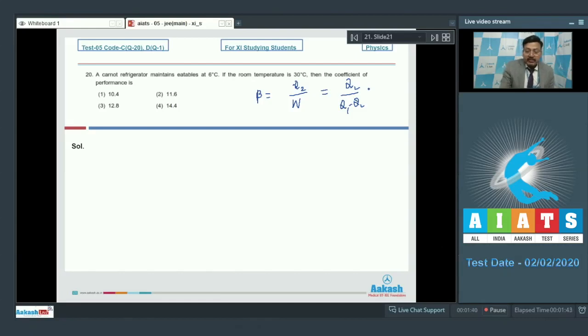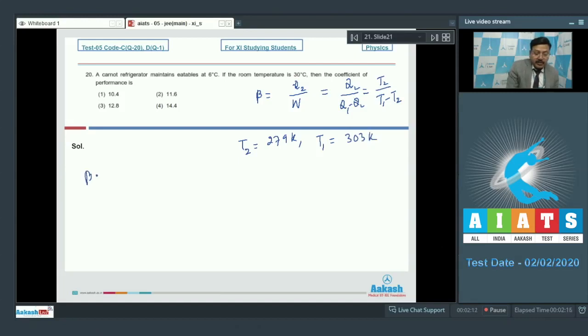Now it turns out that this can be given as T2 by T1 minus T2, and in this particular case T2 is the temperature of the cold reservoir in Kelvin, and so the value of T2 is 273 plus 6, that means 279 Kelvin, and T1, which is the room temperature, is 273 plus 30, that means 303 Kelvin.